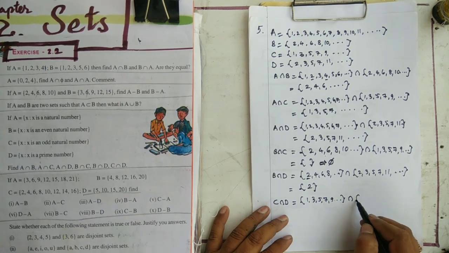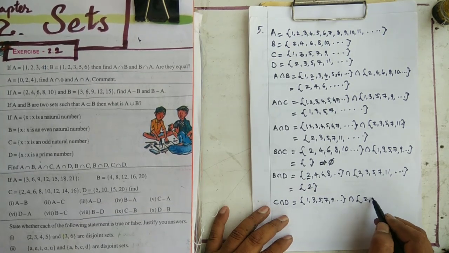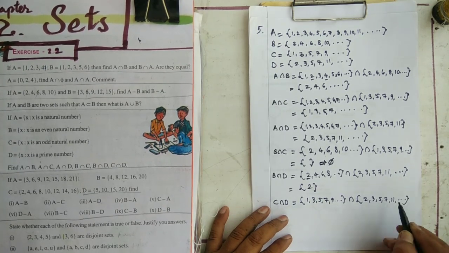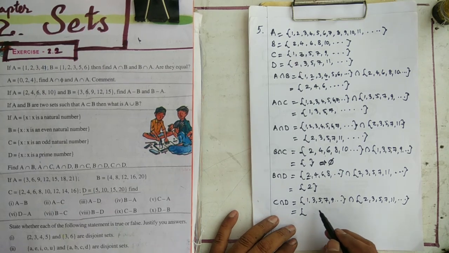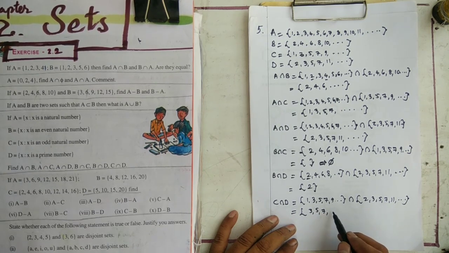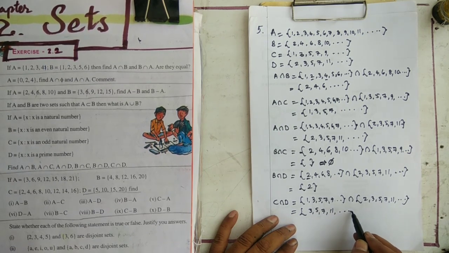D is the set of prime numbers 2 3 5 7 11 and so on. What are the common elements? 3 5 7 11 and so on.